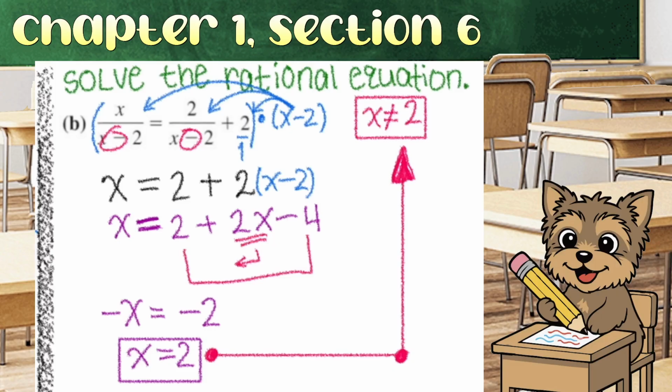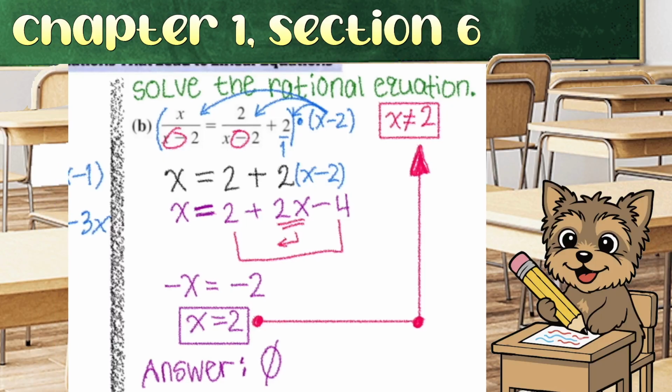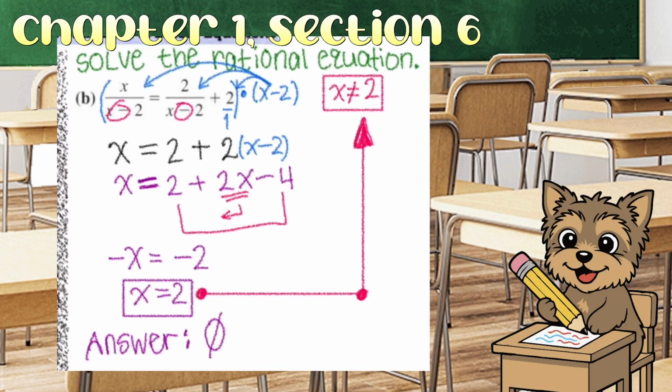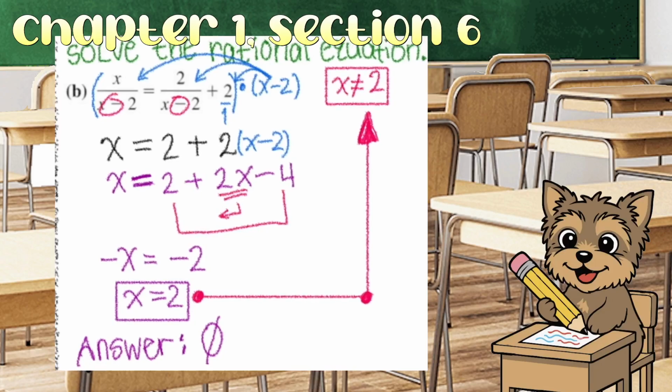So in this case, what is the answer? The answer would be the empty set. Oops, can't see. I've got to think a little bit more about how I make room on some of these problems because it doesn't fit to the video nicely. So the answer is either that, or you can say something like no solution, right?